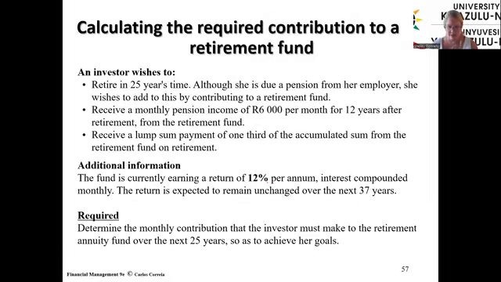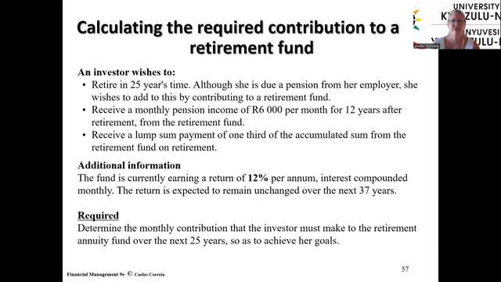And here we've got a retirement fund example, which I'm throwing in before we move on to amortization. So here we've got an investor who wants to retire in 25 years' time. She's due for a pension from her employer, but she wants to supplement this or add to it by contributing to a retirement fund of her own.